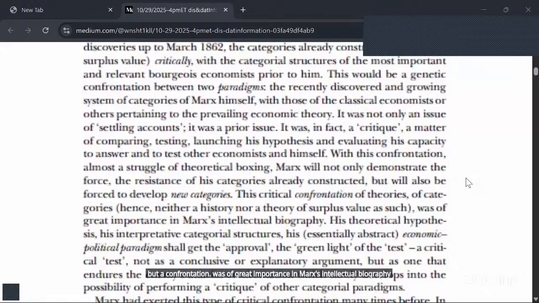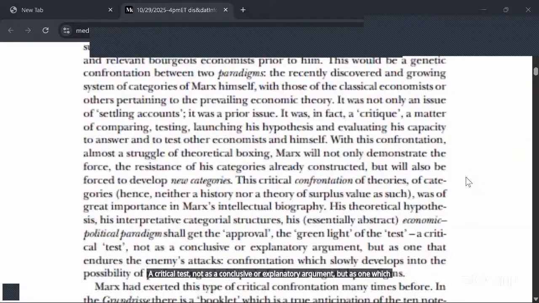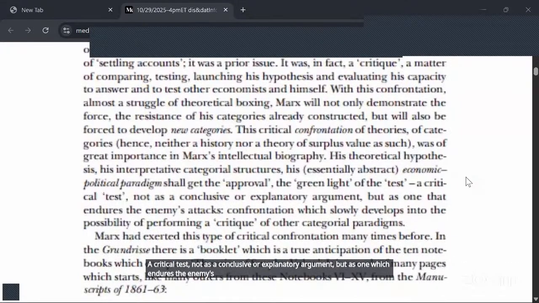His theoretical hypothesis and his interpretive categorical structures, his essentially abstract economic-political paradigm, shall get the approval, the green light of this test, a critical test, not as a conclusive or explanatory argument, but as one which endures the enemy's attack. So this is hypothesis testing in that context.